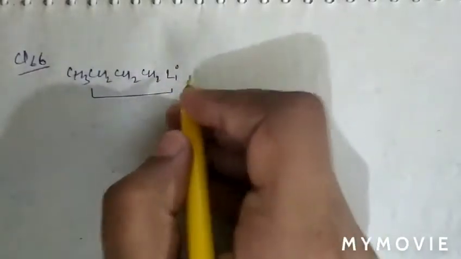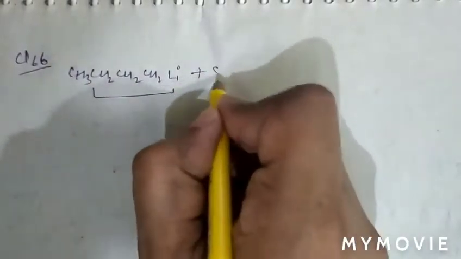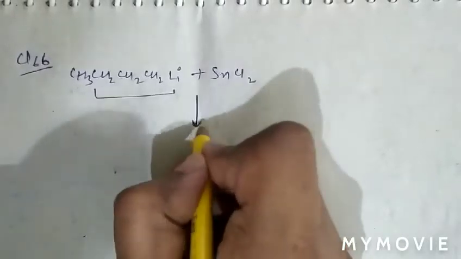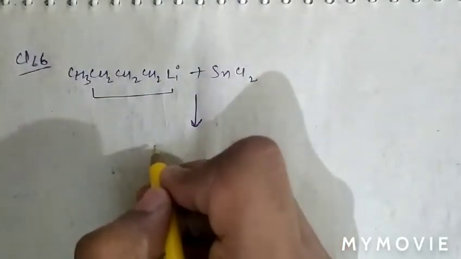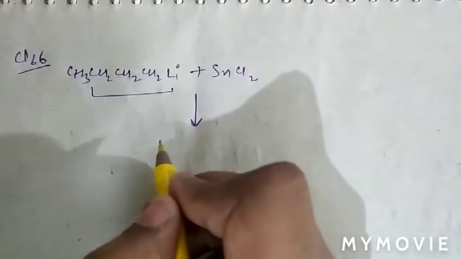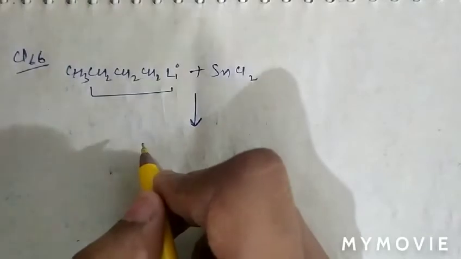Question number 65 is a very silly question. It is basically a very easy question. When n-butyllithium, an organometallic compound, reacts with tin tetrachloride, as we can see, in option A there is no tin, option B also has no tin, and option D also has no tin.